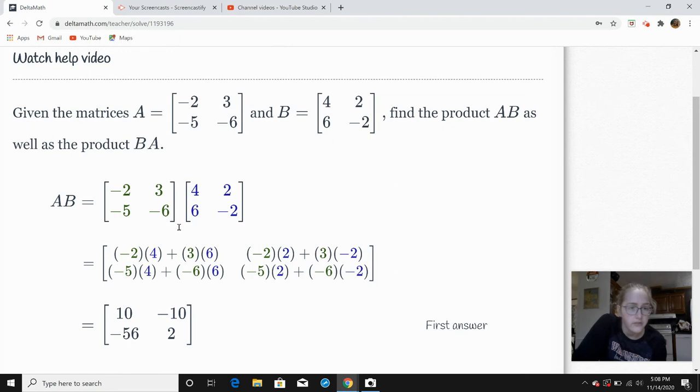So they went ahead and worked it out. For A times B, we're going to have this row times this column.